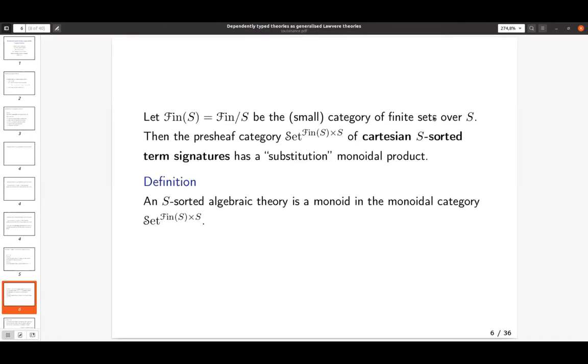And this category has a substitution monoidal product, and an algebraic theory is then a monoid in this monoidal category.